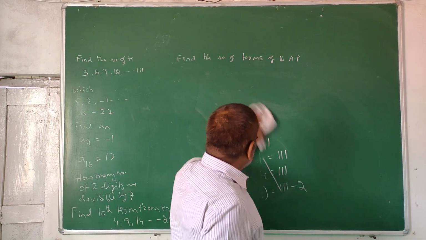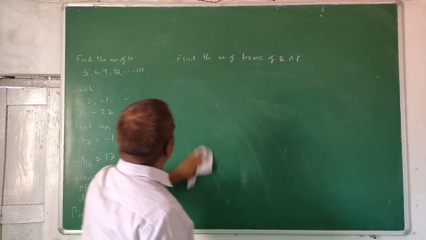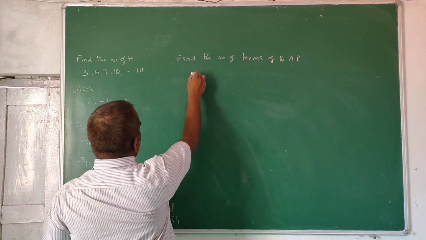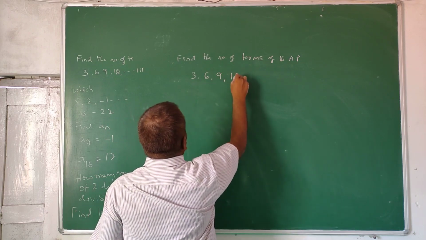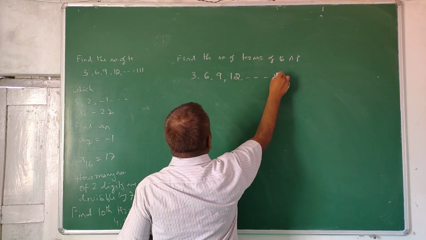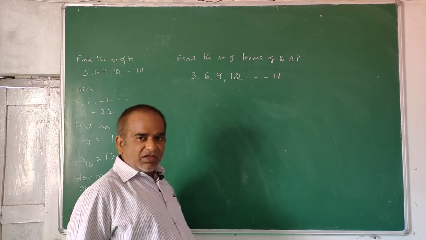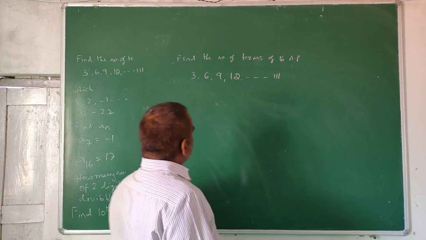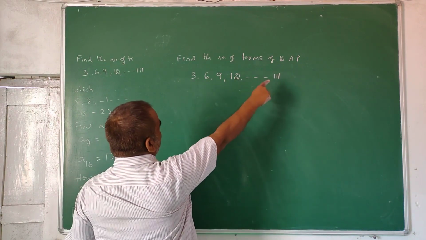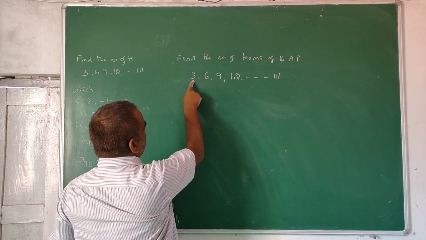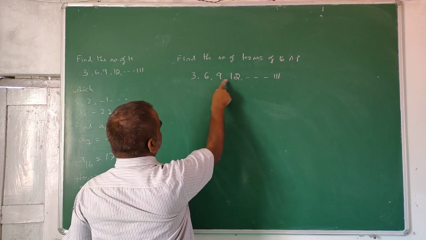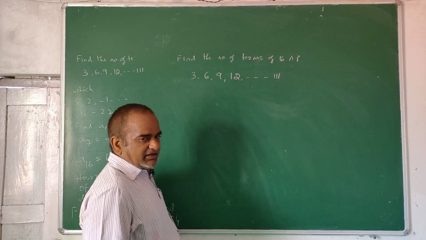Now the correct question is: find the number of terms of the AP 3, 6, 9, 12 and so on, 111. So first you see, is this an AP or not? See, clearly this is an AP, because the first term is 3 and the common difference you see 3, 3, 3 everywhere, right?